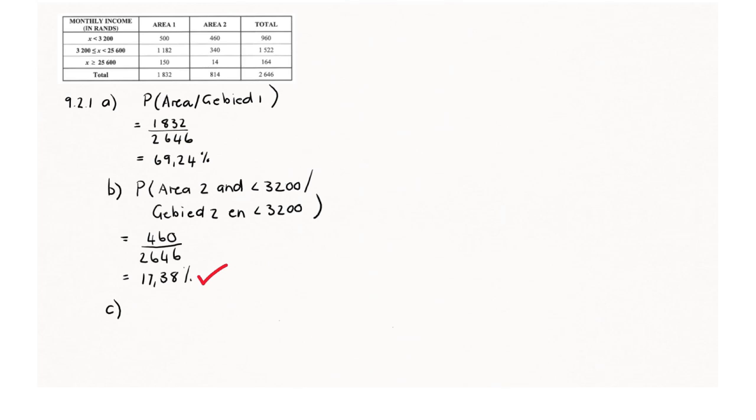Lastly, we need to determine the probability that a person chosen randomly from the sample will be a person from Area 2 who earns more than or equal to 3,200 rands. So we go to the column for Area 2, and the people who earn 3,200 rands or more will be the people in the second and the third category.